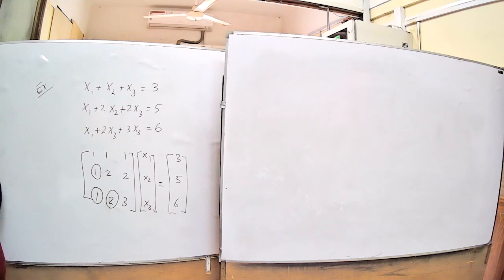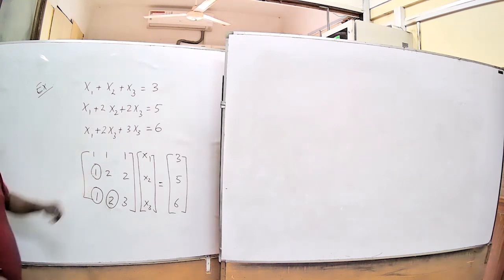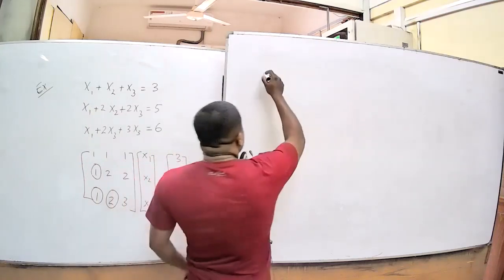First one is interchanging 2 rows. Second one is multiplying a row by a constant. Those two may not help you to eliminate. If you want to cancel this one, you have to multiply the first row by -1 and add with the second row. Second row plus -1 times first row, you will get 0 here. You can easily see that.